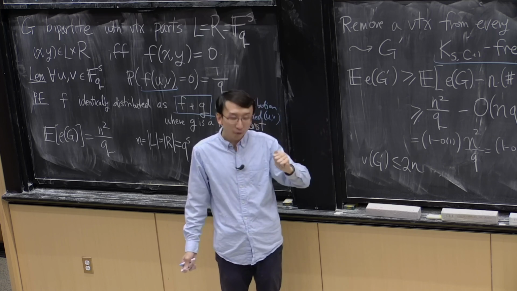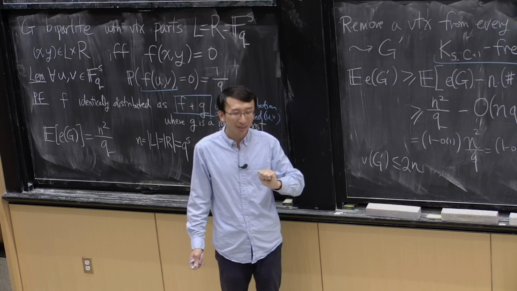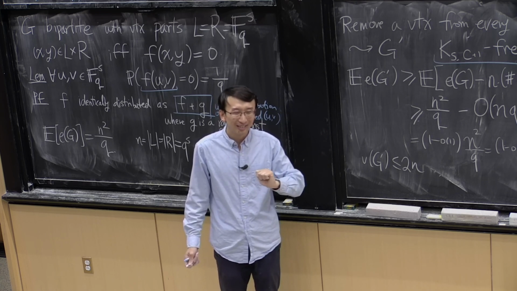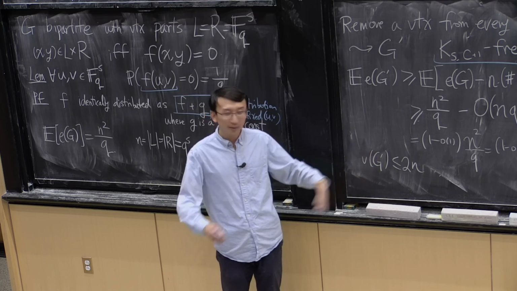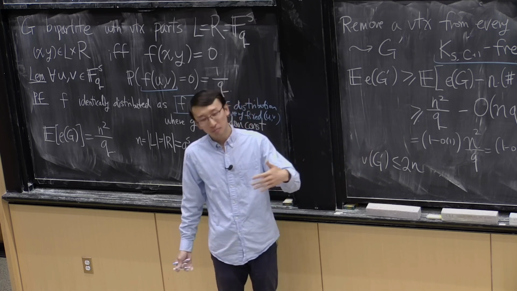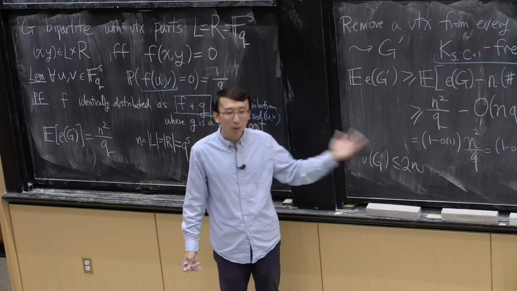Q could be a prime, for instance, or a prime power. Think of Q as a prime. So I'm saying for every Q, there is a construction. And for every n, you can round down to the nearest Q to the S, and then run this construction.